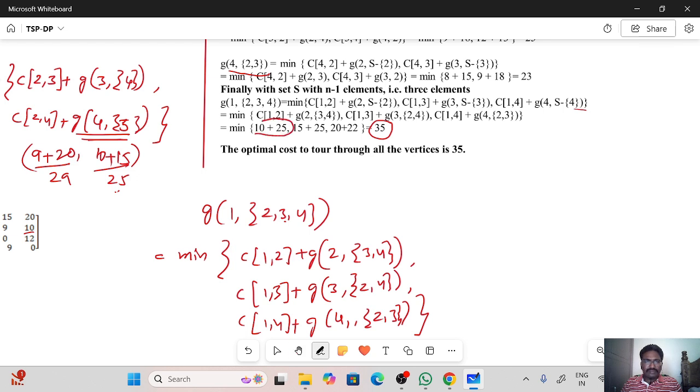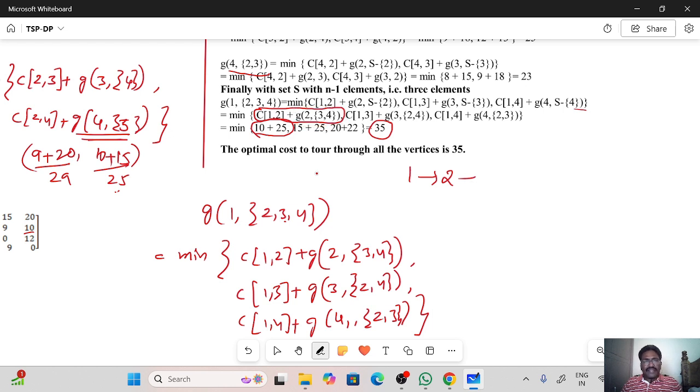This is the minimum. The minimum is this equation. This equation is from which vertex you visited first? C of 1 2. So, first I must reach 2 from 1, then from 2 I think with the help of this equation. What is this? G of 2 comma {3, 4}.